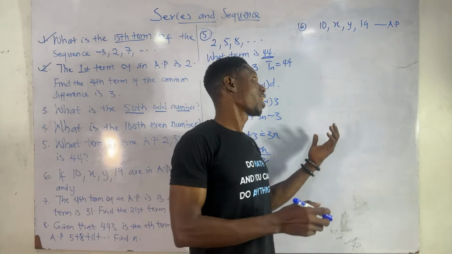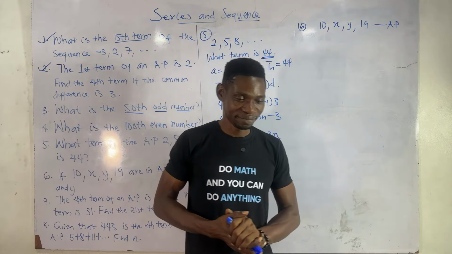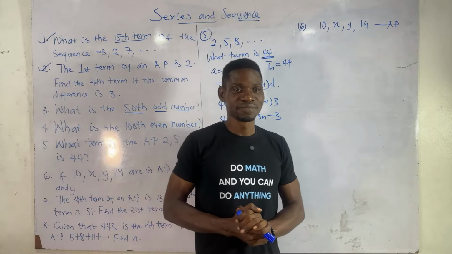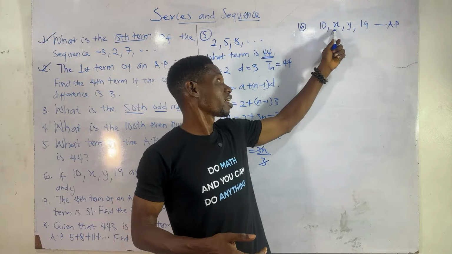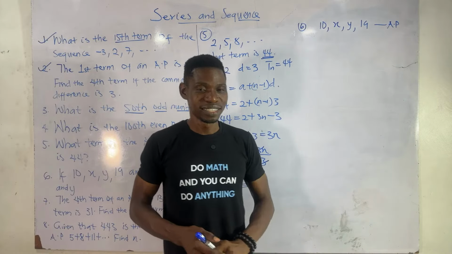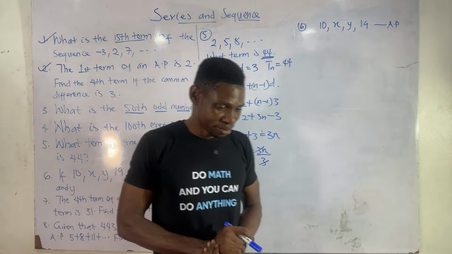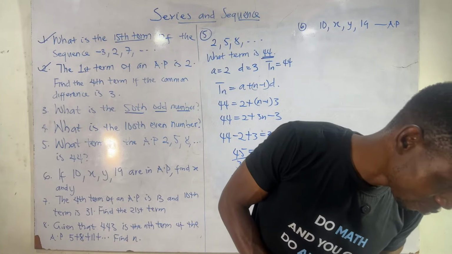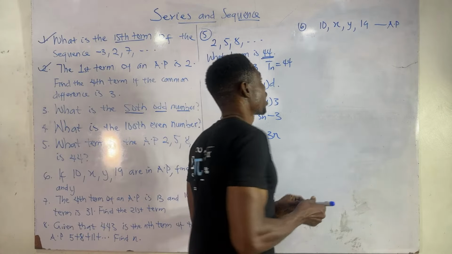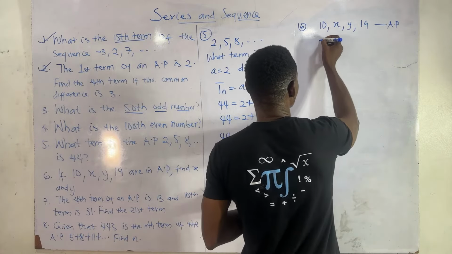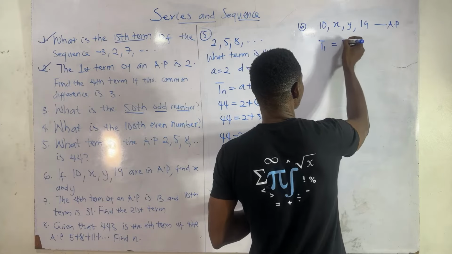So looking at this clearly, what do you think we can do from here? We're given 10, x, y, 19. So now we have our first term, the answer is 10.